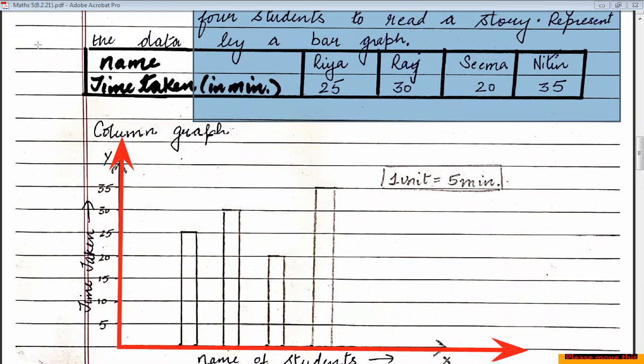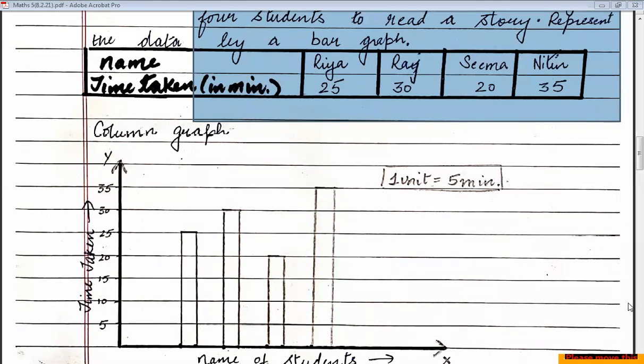This should be your first step. Now after making them, you have to mention what you are going to represent on each axis. First, on the x-axis you are going to write the name of the students. So please mention here what is depicted on the x-axis and the y-axis.